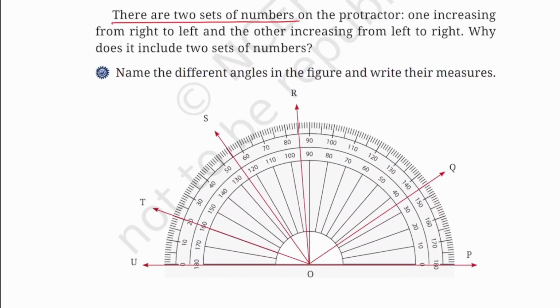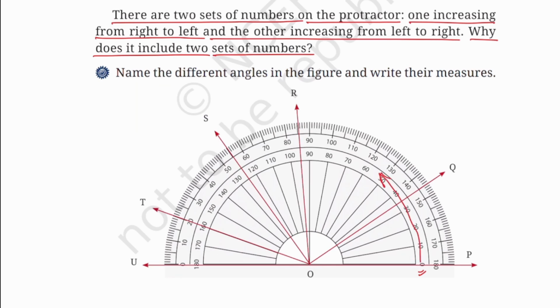There are two sets of numbers on the protractor, one increasing from right to left and the other increasing from left to right. Why does it include two sets of numbers? If you see it properly, you can see a number in increasing order, that is 0, 10, 20, like this. Similarly, you can see numbers in decreasing order, that is 180, 170, 160, like that. You can see that here too.